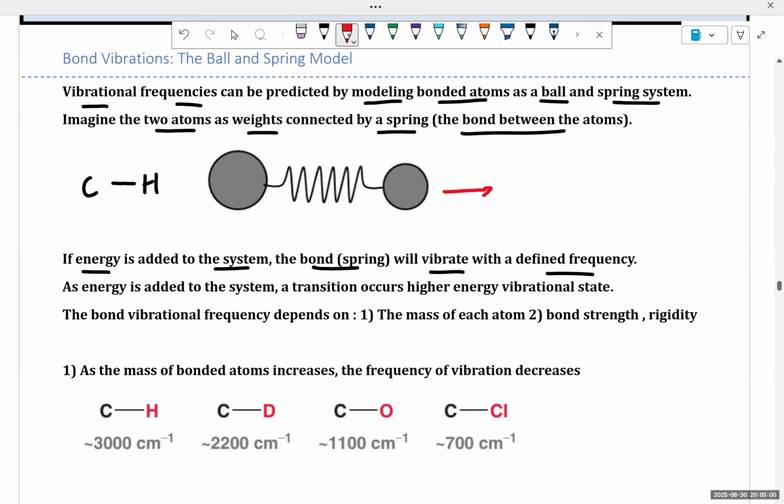So for example, if we add energy, then that bond will bend and stretch, and this oscillation, this bending and stretching, will occur with a defined frequency.